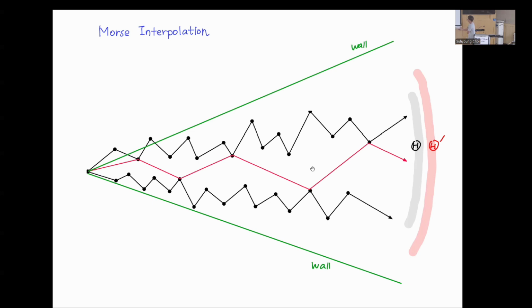But you can find some enlarging Morse data associated to the Morse quasi-geodesic ray, and find an interpolating Morse quasi-geodesic ray.